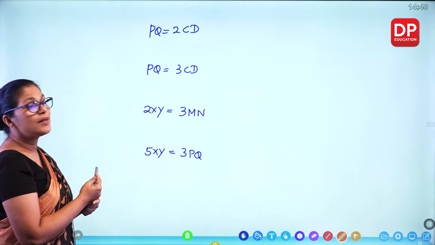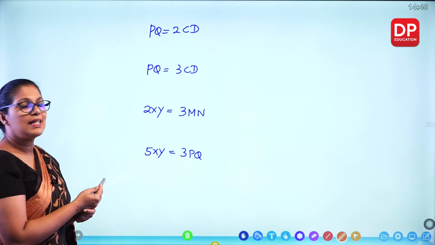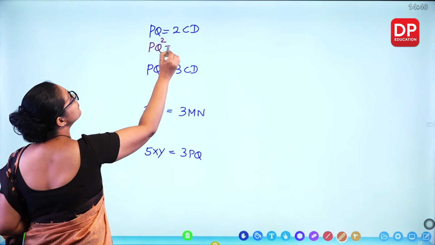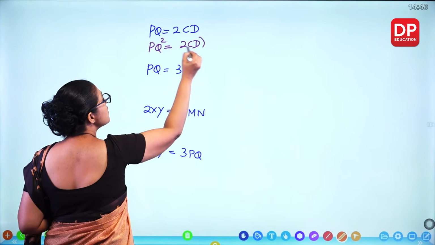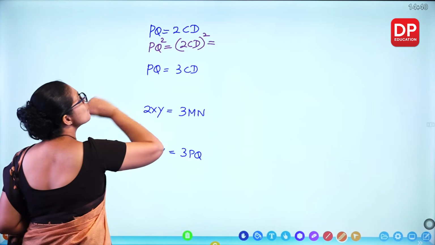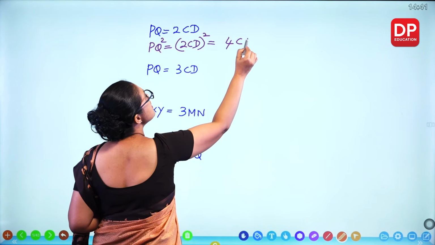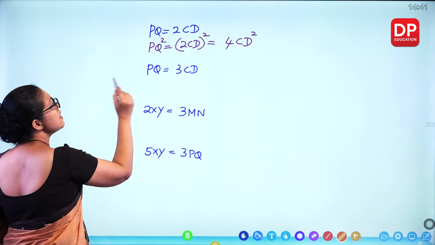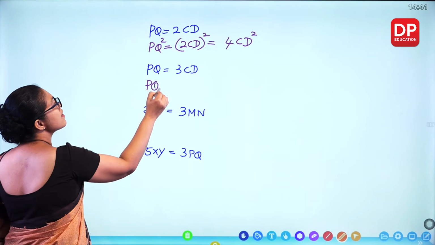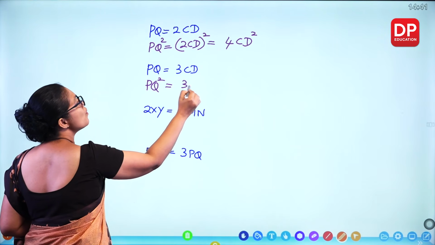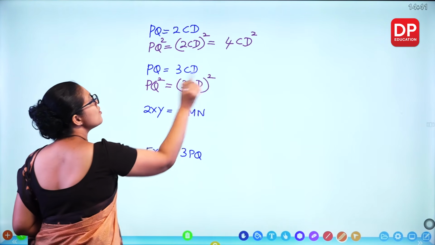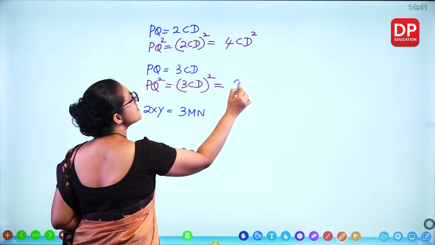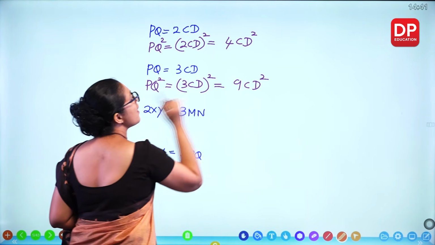Now take this one. PQ is 2CD. When you want PQ squared, how do you do it? 2CD whole thing squared. So 2 times 2, 4 CD squared. When it's 3CD, same thing, you need to square the whole thing. 3 times 3 comes, 3 times 3 is 9 CD squared.